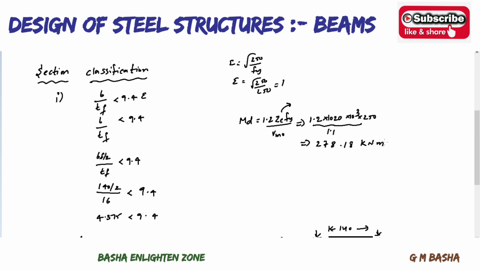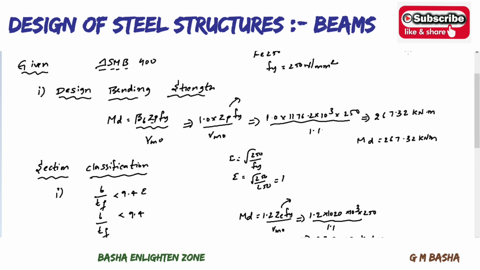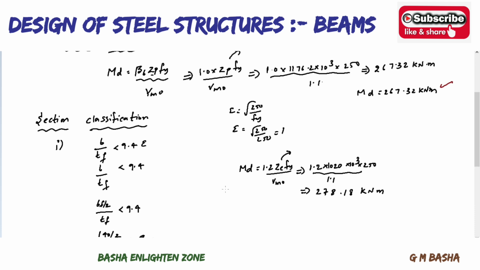See here, we solved MD. One is based on this formula, which is 267.32 kilonewton meter. Another one is MD equal to 278.18 kilonewton meter. So out of these two, take the lesser value, whichever is less. Therefore, your MD will be 267.32. Like that, you have to find the MD value.